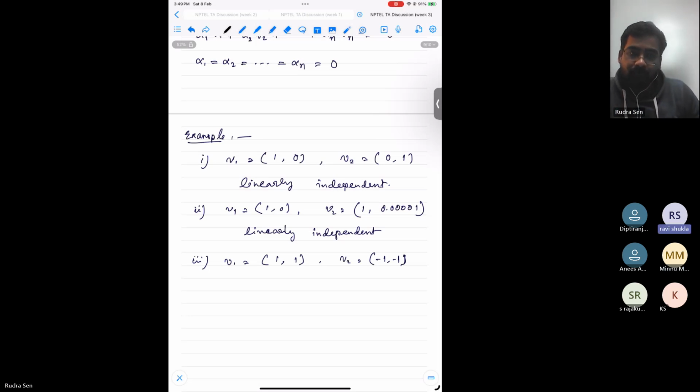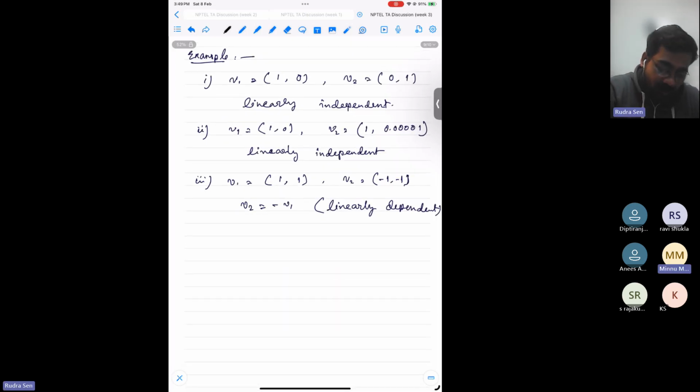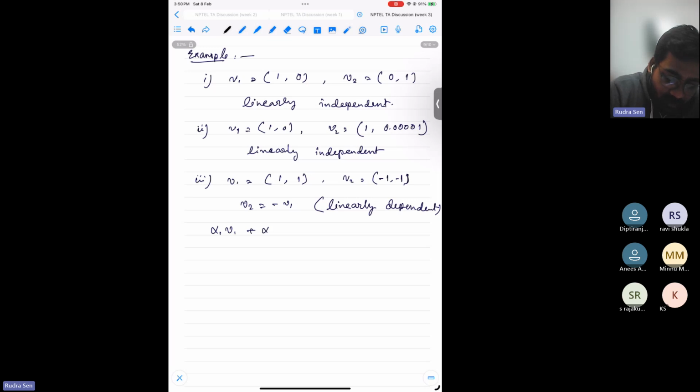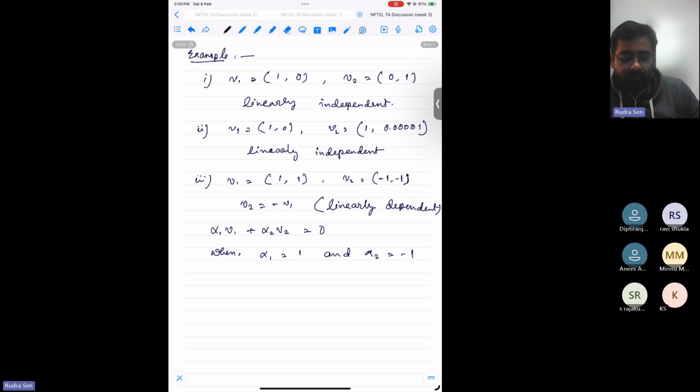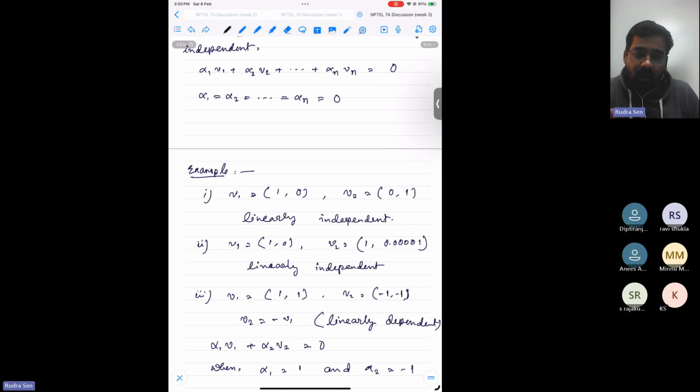No, they are linearly dependent. Yes, they are linearly dependent because v2 is minus v1. That means alpha 1 v1 plus alpha 2 v2 equals 0 when alpha 1 equals 1 and alpha 2 equals -1. For independence, to make this addition 0, alpha 1 and alpha 2 would both have to be 0.